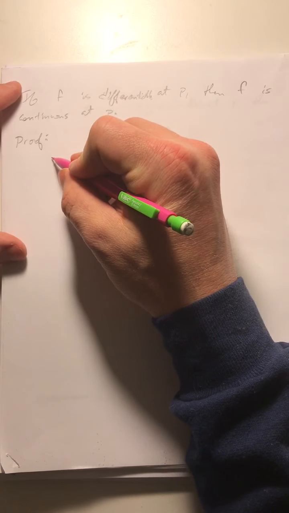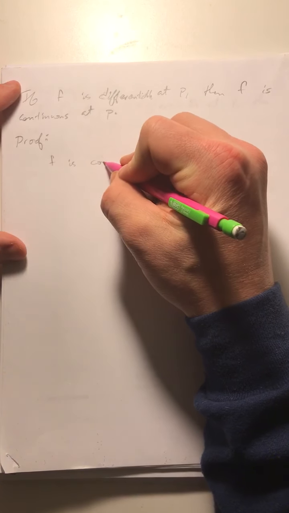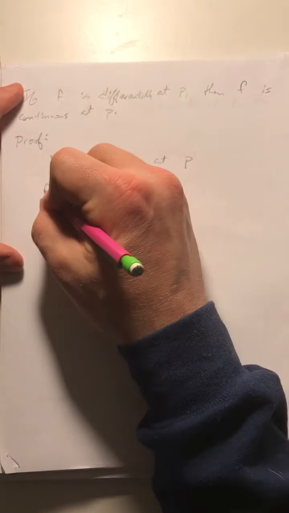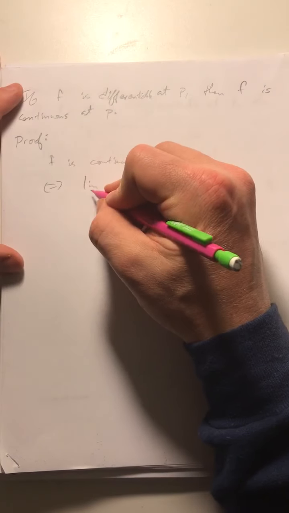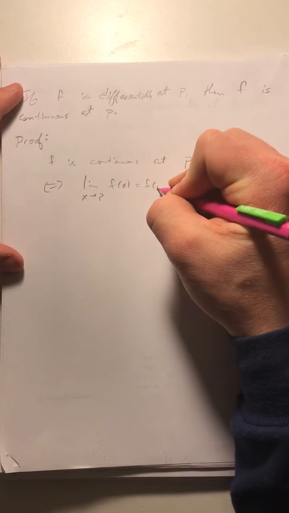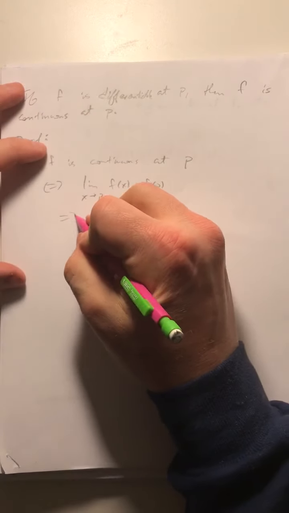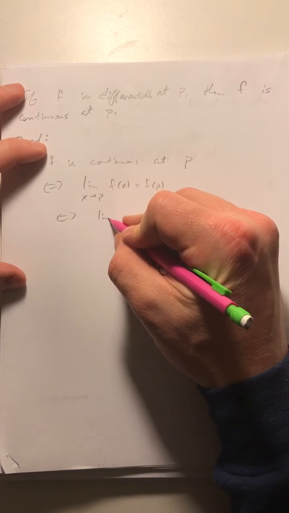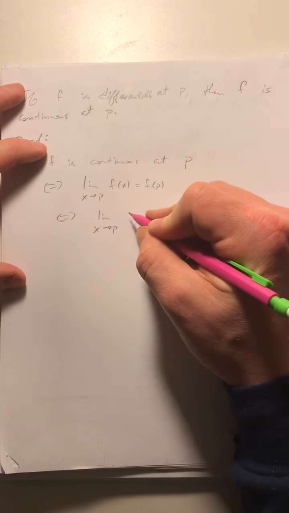So let's note that f is continuous at p if and only if the limit as x goes to p of f of x equals f of p. And this happens if and only if, let me subtract f of p from both sides, and that's a constant, so I can pull it inside the limit.